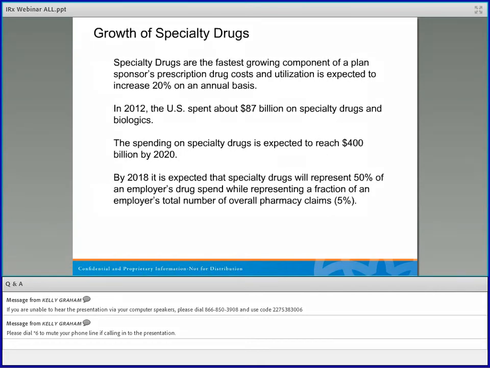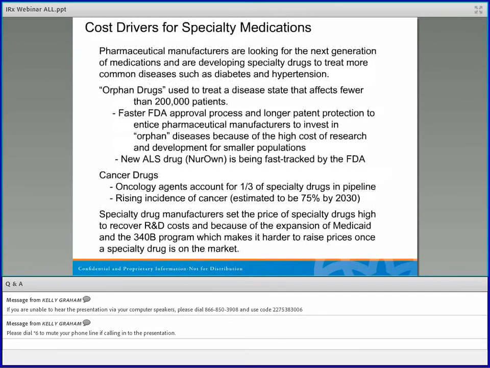The next thing I wanted to put a slide in here is because we get a lot of questions about why specialty drugs are so expensive. Every day you probably pick up the paper and somebody's saying Congress is trying to look at this, why are drugs so expensive?